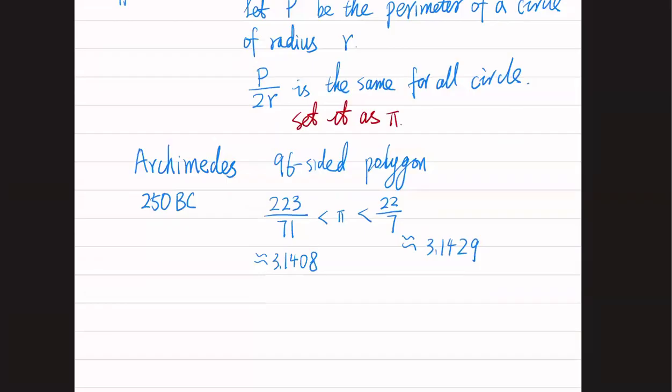Very soon, a Chinese mathematician called Liu Hui, in 265 AD, improved this, he found a better algorithm. He can use a much larger number, 3072 sided polygon.